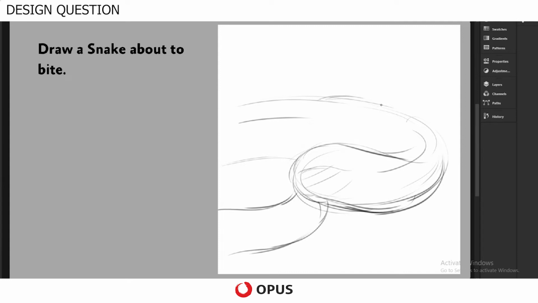Then you can make the structure of the mouth in a rough manner first. So suppose this is the general outline of the mouth, like an open mouth.